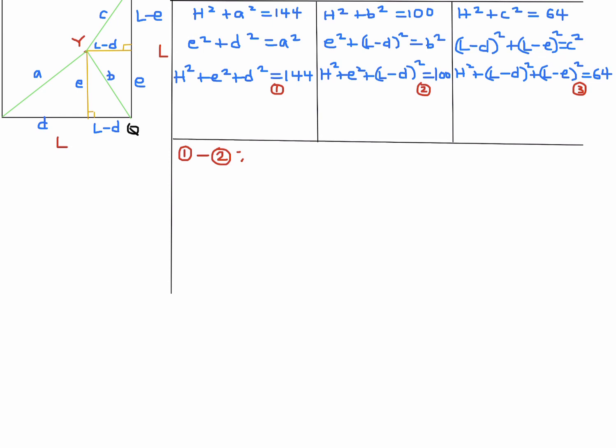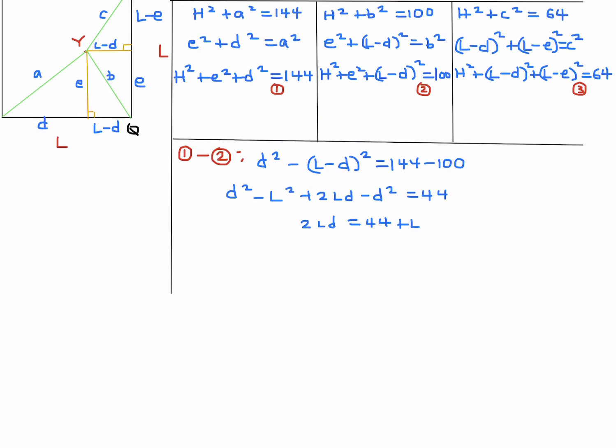The H squares and the E squareds cancel, and all I'm left with is D squared minus L minus D squared on the left side, and on the right side it will be 144 minus 100. And when you expand this out, you get D squared minus L squared plus 2LD minus D squared is equal to 44. And that will give me 2LD is equal to 44 plus L squared, and D is equal to 44 plus L squared over 2L.